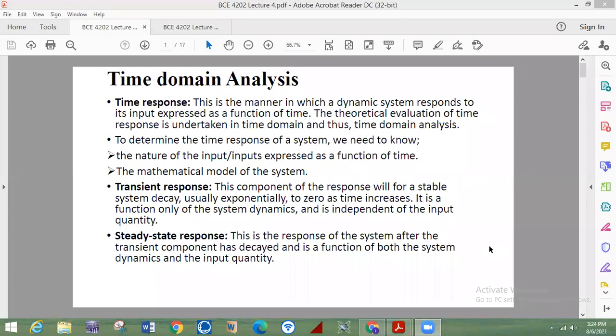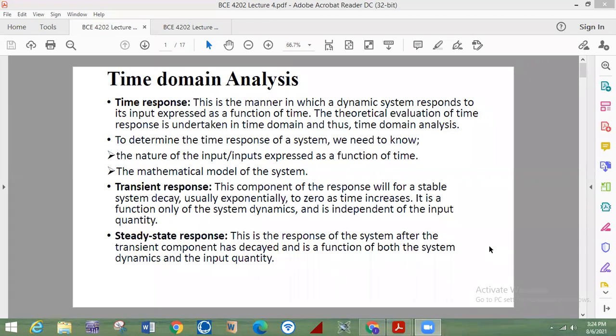As we discussed in the previous meeting, you should know that a system can practically never be static. It will always be dynamic.